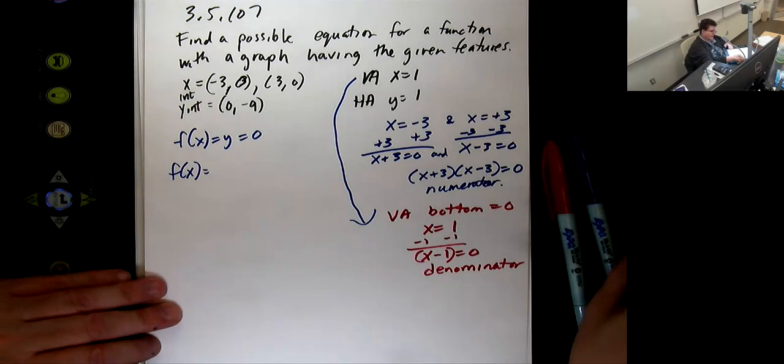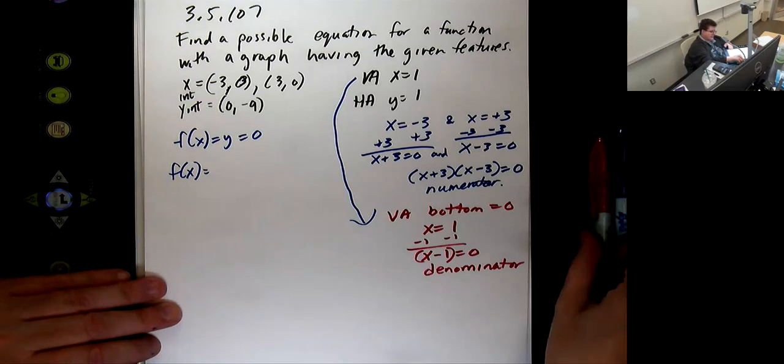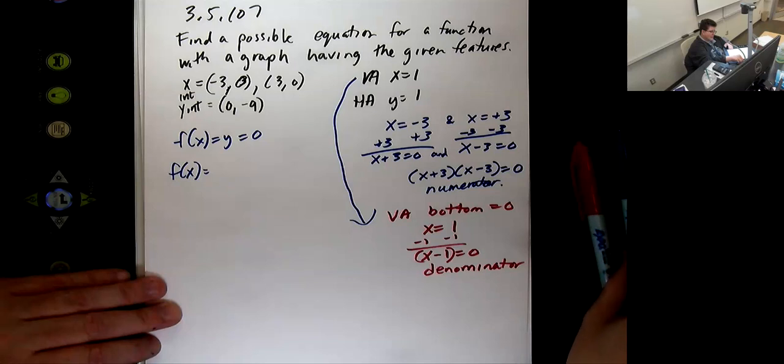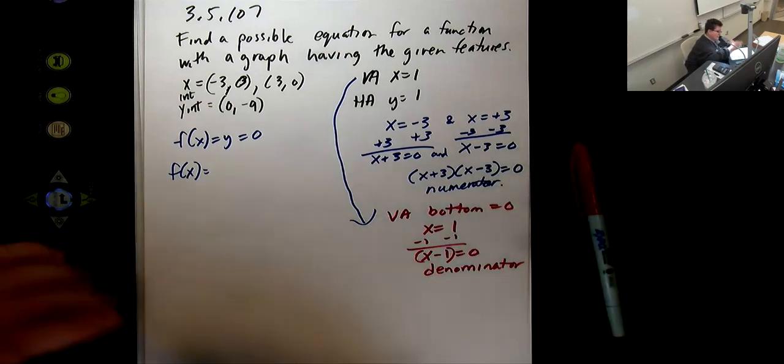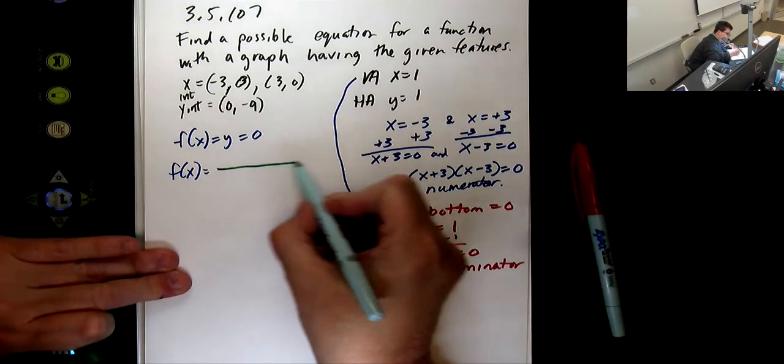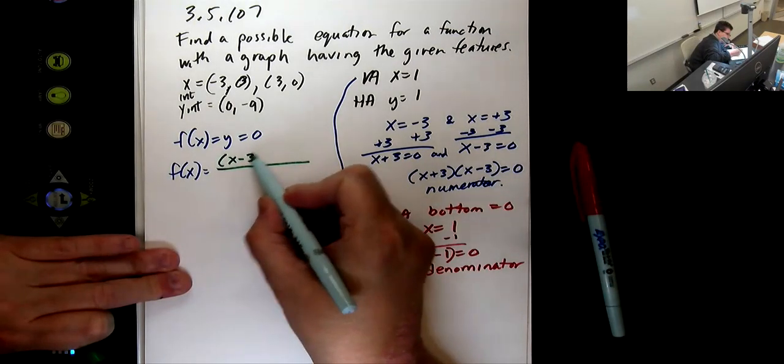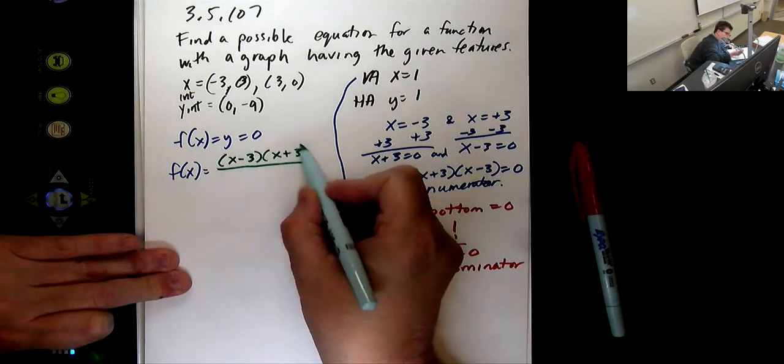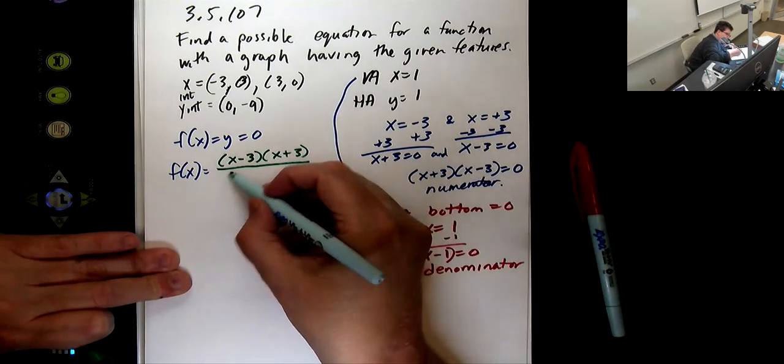So we're getting there. Let's build what we got so far. I got x minus 3 and x plus 3 up here, and I got x minus 1 down here.